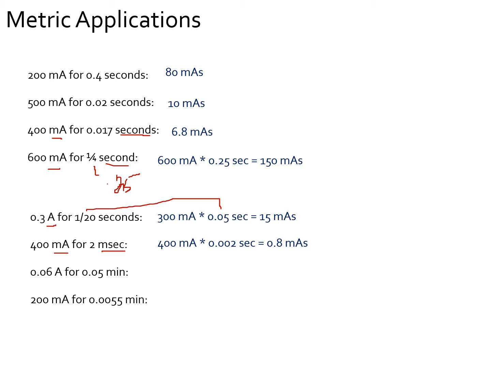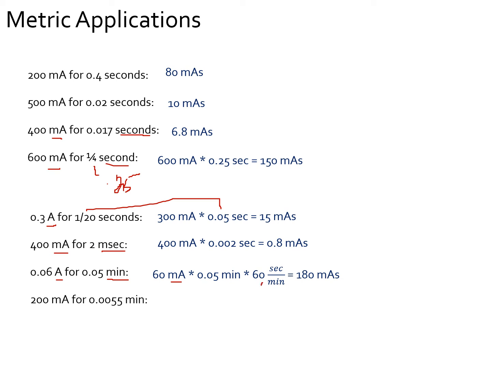With this one, I have amps, so convert that to milliamps by moving to the right 3. And here's minutes. So now I have to convert 0.05 minutes to seconds. So I did it all as unit conversion, so 60 milliamps, because I took the amps and moved it to the right 3 to get milliamps, multiplied by 0.05 minutes, and then I'm going to multiply that by 60 seconds over 1 minute, or 60 seconds per minute.